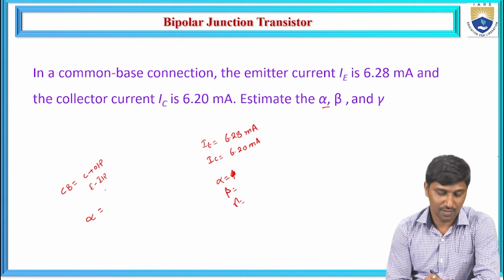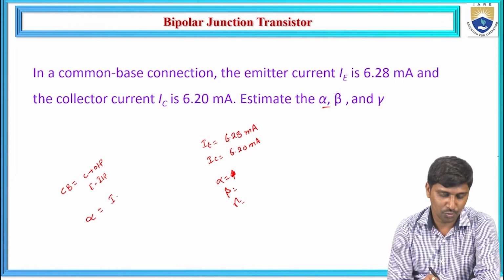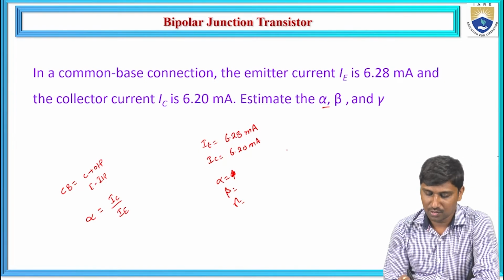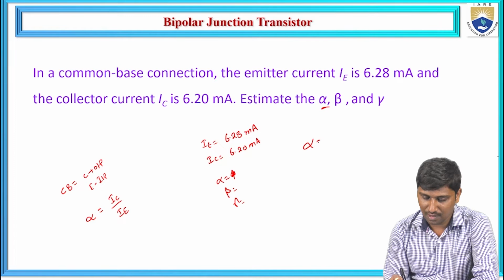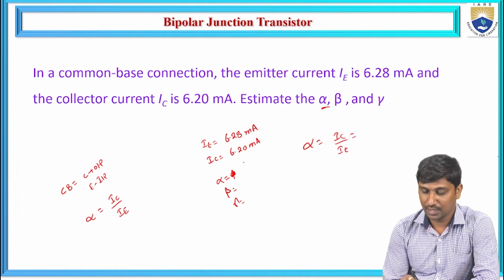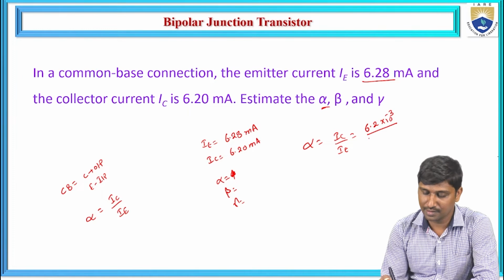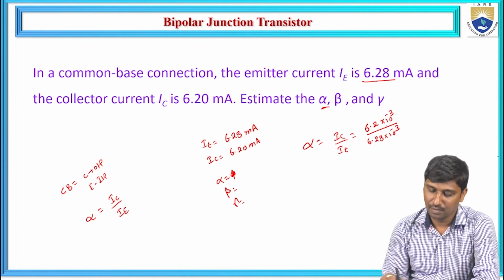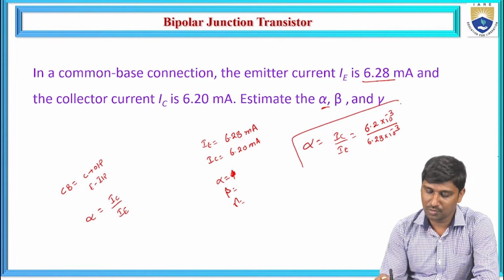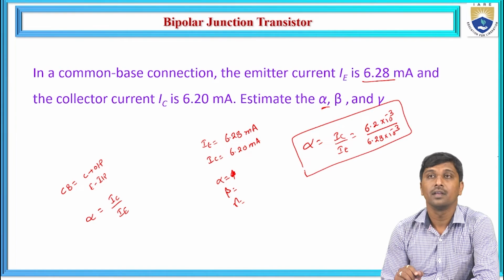Alpha is the ratio of output current to input current, that is IC by IE. So first, alpha is equal to IC by IE. In the given problem, IC is 6.2 milliamperes and the emitter current is 6.28 milliamperes. By solving this ratio, you can find the alpha value.